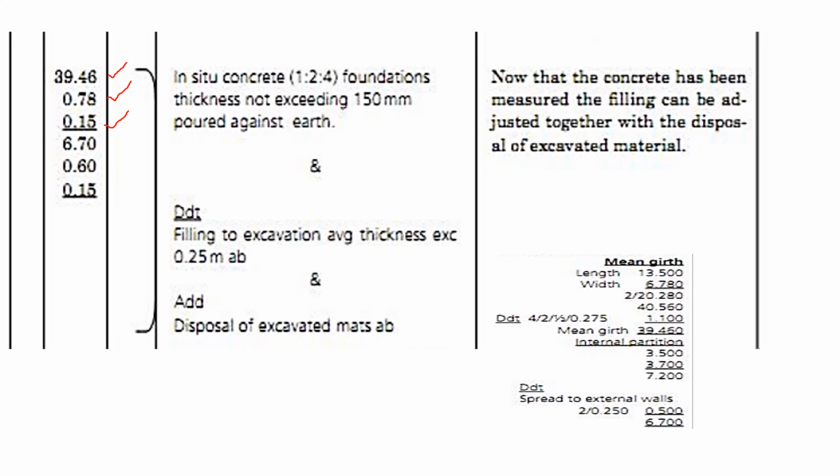Then for the internal partition, you take the center line of the internal partition, you multiply by the width of the spread foundation strip. Then you multiply by 150 millimeters of concrete. So this is the volume of the concrete that will be in the foundations.